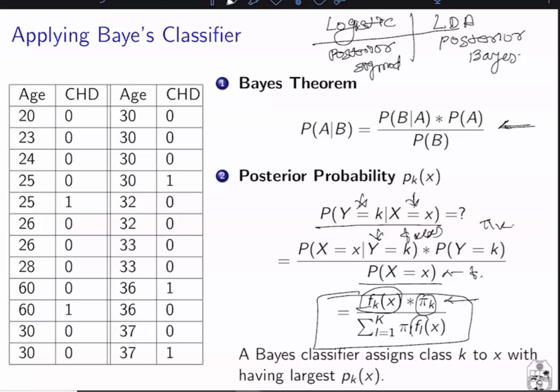The important thing is that if we were able to calculate the density function, then we can calculate the posterior probability, that is the classification probability. This is the way in which the LDA calculates the classification probability or the posterior probability using the density function.